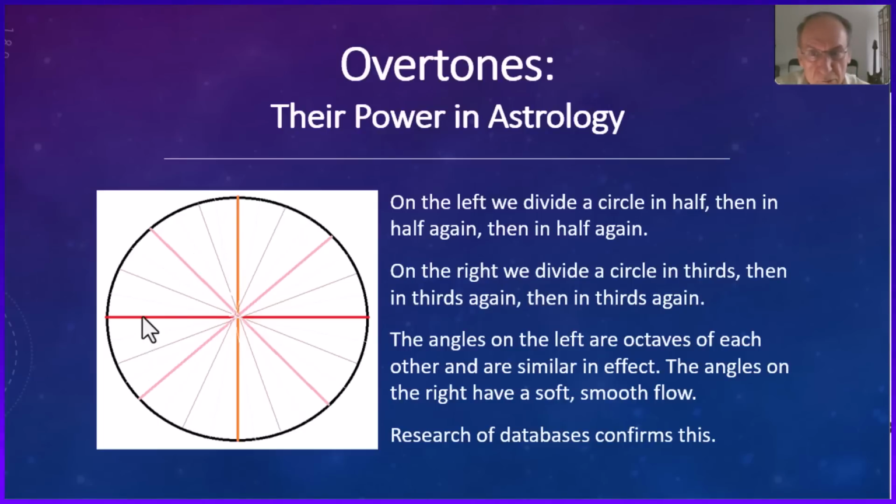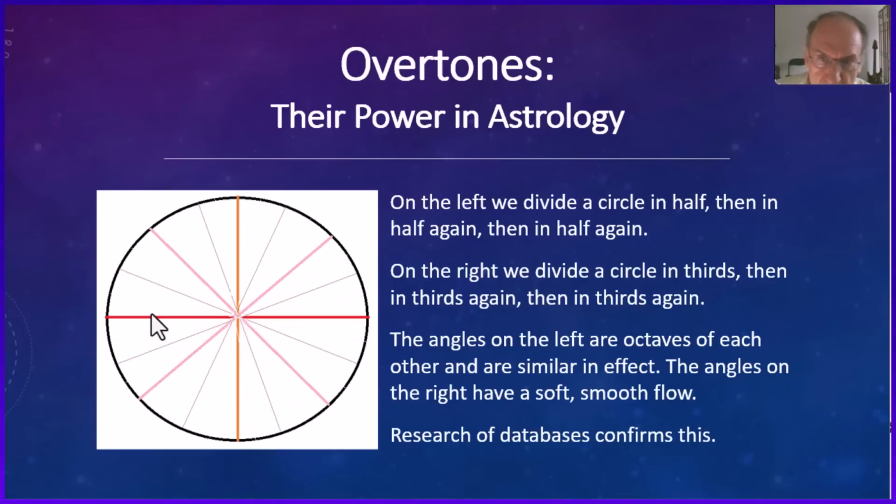And so if we go to the red, pink, and orange lines, we have 8 pieces of 45 degrees. Those are also hard driving aspects. All of these aspects, the opposition, the square, and these multiples of 45 degrees, they're hard, driving, dynamic, moving, fundamental aspects.